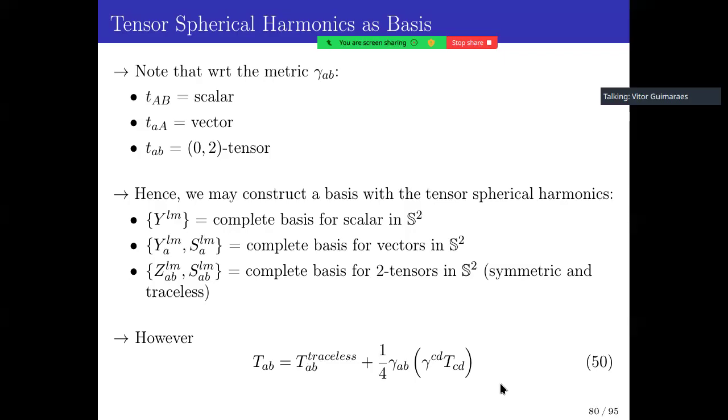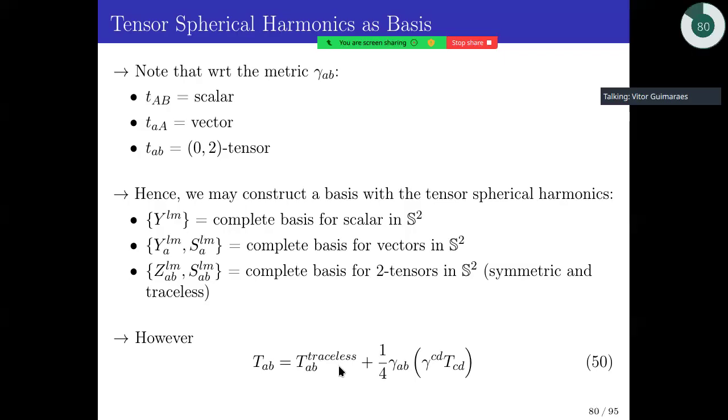So note that these spherical 0-2 tensors will take care of the traceless part. They form a complete basis for this part, because we're talking about symmetric tensors only, okay? And since we have scalars, the spherical harmonic scalars will form a complete basis for this element here, which is the trace part.